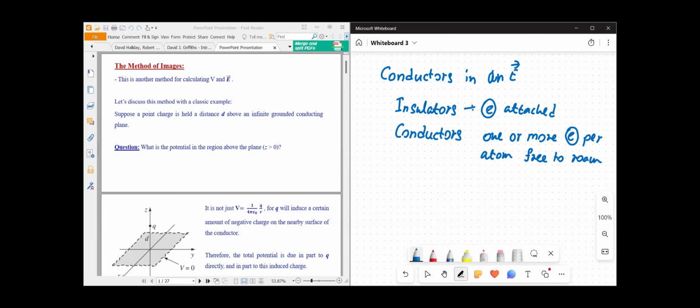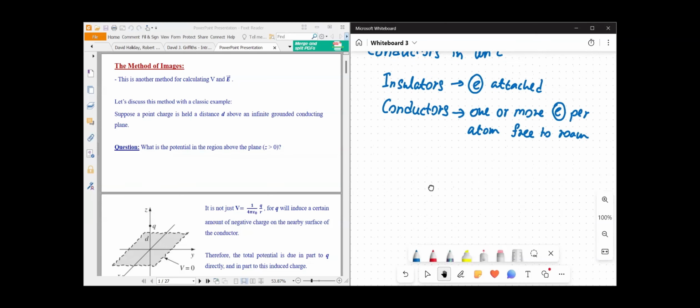So in insulators there is not much electrical conductivity, but in conductors we have free electrons, at least one or more electrons per atom free to roam. Therefore, we have good conductivity in these conductors.